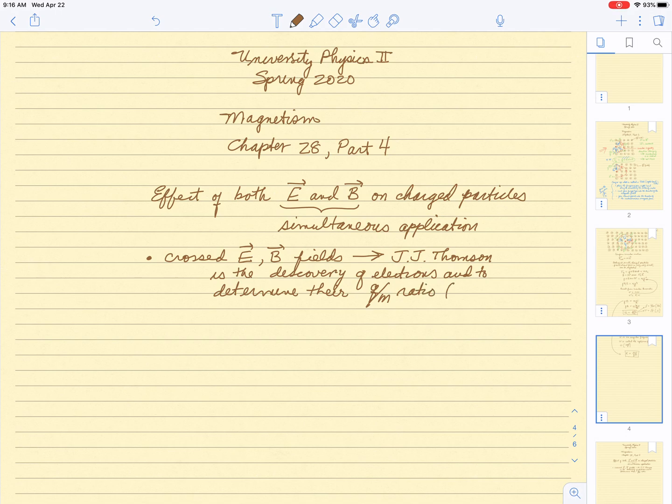And that was in 1897 that the electron was firmly discovered by Thomson.